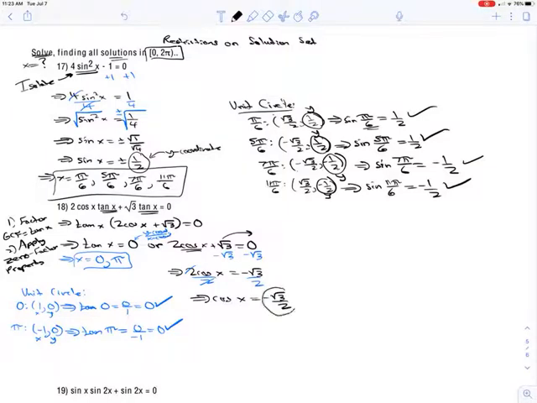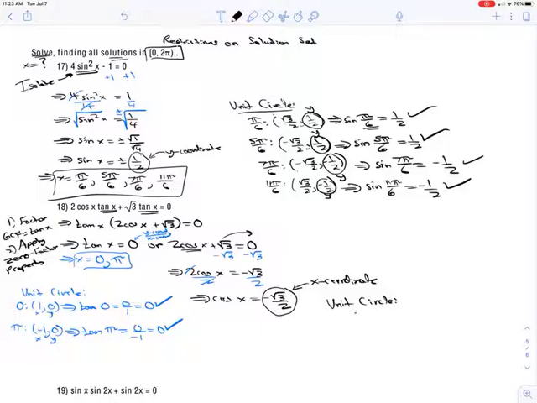And remember, with cosine, we need an x-coordinate. Cosine is the x-coordinate. So again, on the unit circle, when do we have an x-coordinate that's negative square root of 3 over 2 between 0 and 2 pi? Well, we're looking at our pi over 6 mark in quadrant 2.